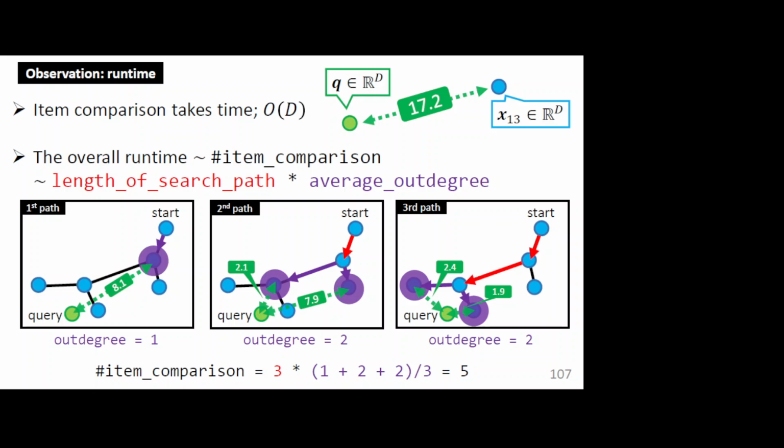So it's your time complexity. You can find the time complexity is roughly equal to the length of your search path times your average out degree. Out degree means how many neighbors you connect.